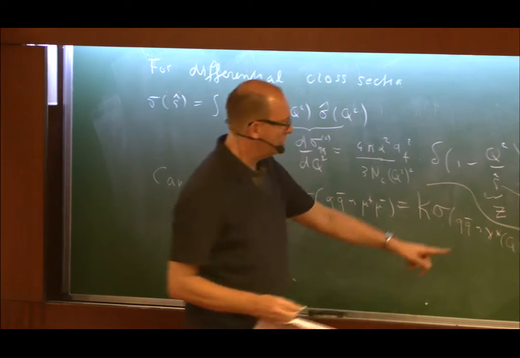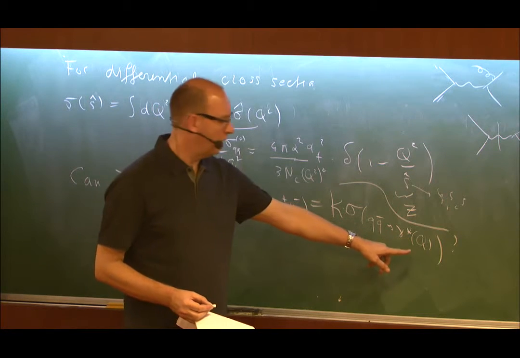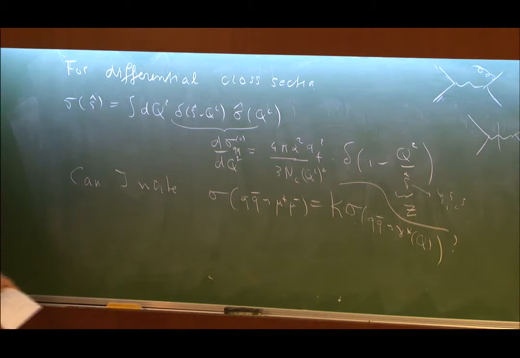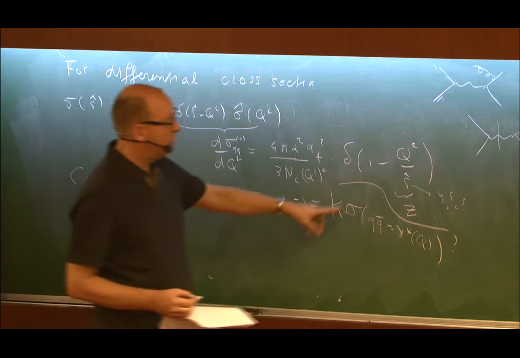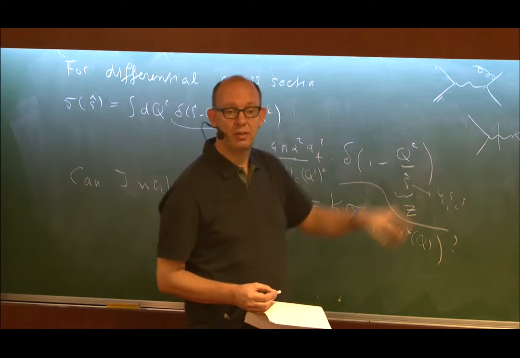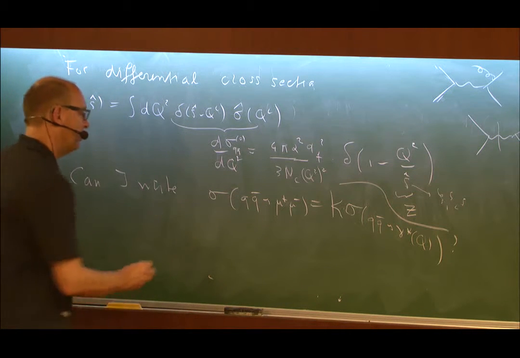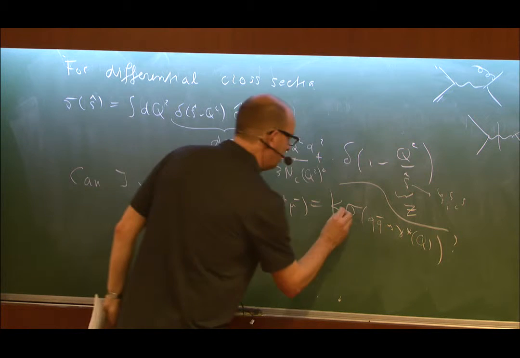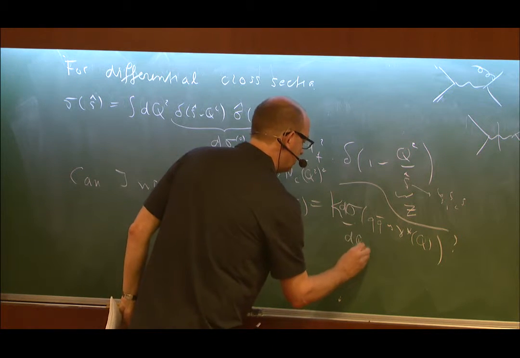So this gamma star means an off-shell photon, and Q is then the off-shellness, the virtuality, the mass of the photon. And k is just some factor that corrects the rest. In fact, this would be for d sigma dQ squared.